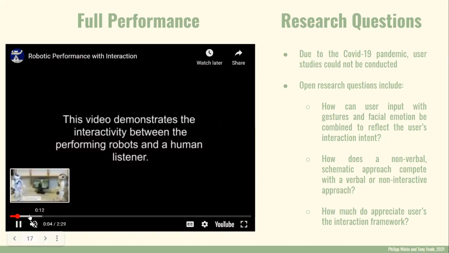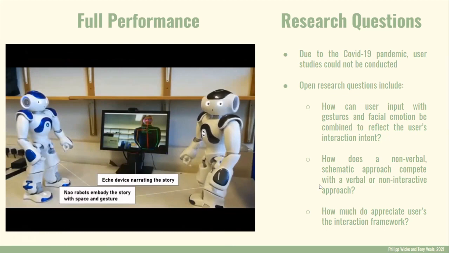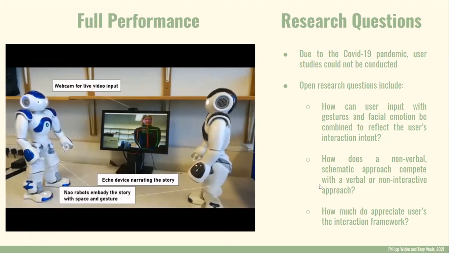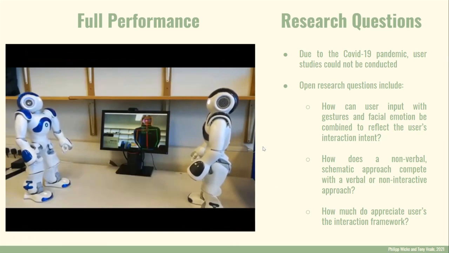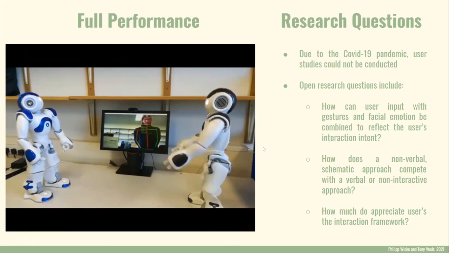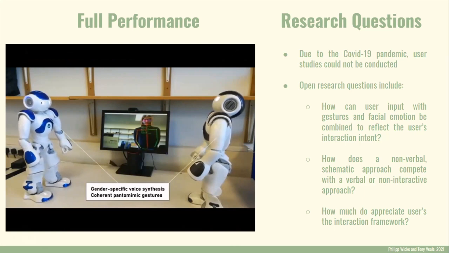Turn on the sound. And we can see that the robots can turn to the audience and can interact with the user. And we have a live input of the user, me in that case. The system is also able to understand facial expressions and modulate the response, whether it's just positive or negative, in combination with the facial expression, whether it's positive or negative or surprised.